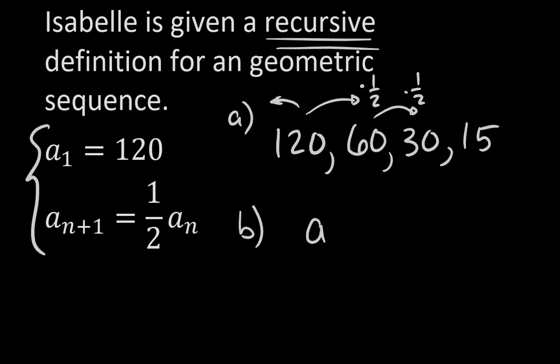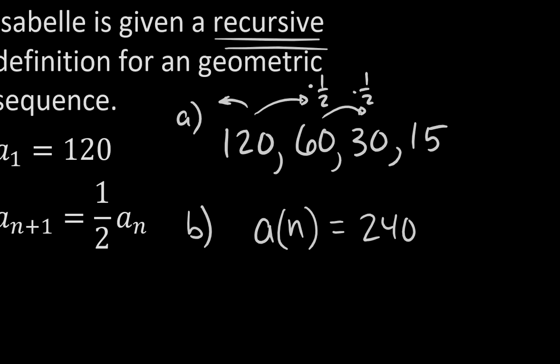And this is what the explicit sequence looks like, right? The value of any term in the sequence, if you place in n, the 5th term, n would be 5, is going to equal the 0th term, 240, times 1/2 multiplied a certain number of times. So it depends on how many times you multiply by 1/2.